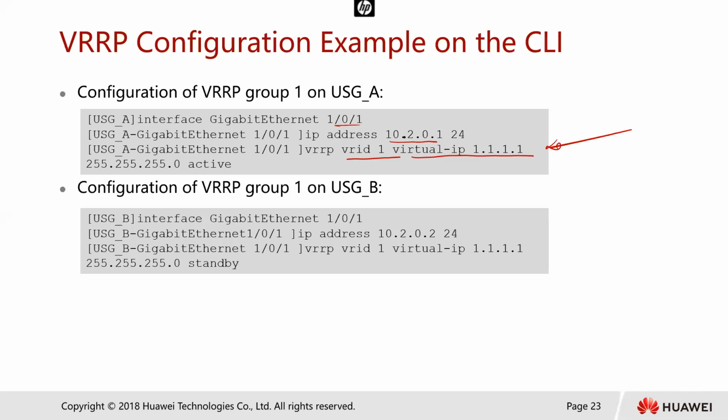So go ahead, open your router, enter the interface 0/0/1, specify an IP address for that interface, specify the group, and specify whether it's going to be in active mode. If you also want to configure the HRP group on firewall B, do the same, give it an IP address, and assign it to this same group 1, with the same virtual IP address.